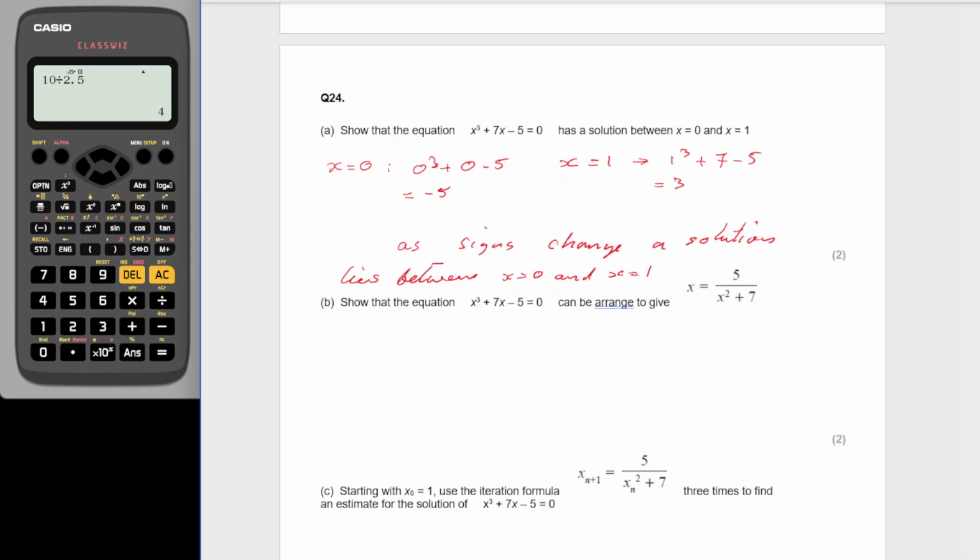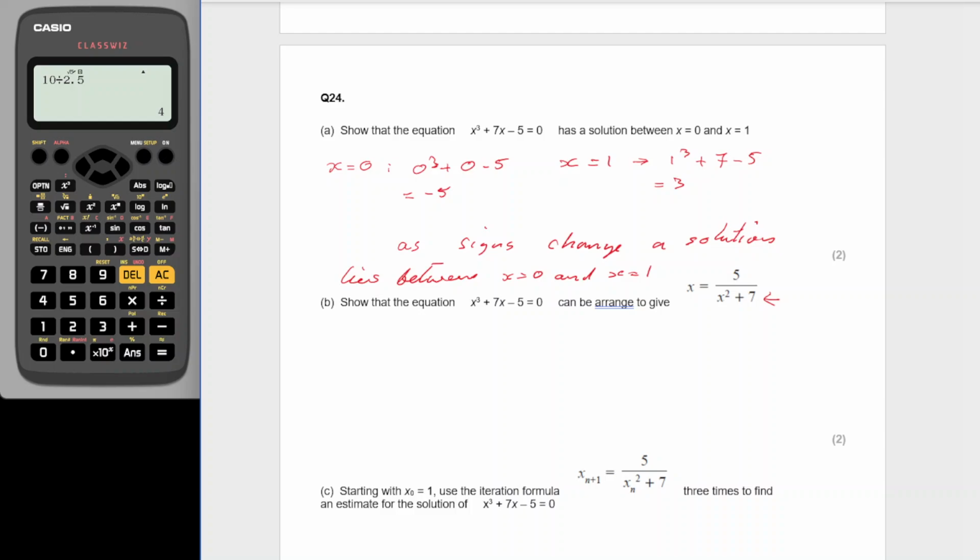Right, part B, show that it can be rearranged to give this. So let's just look at how we would go about that. I always find it useful to actually look at this to work out how I'm going to rearrange this.